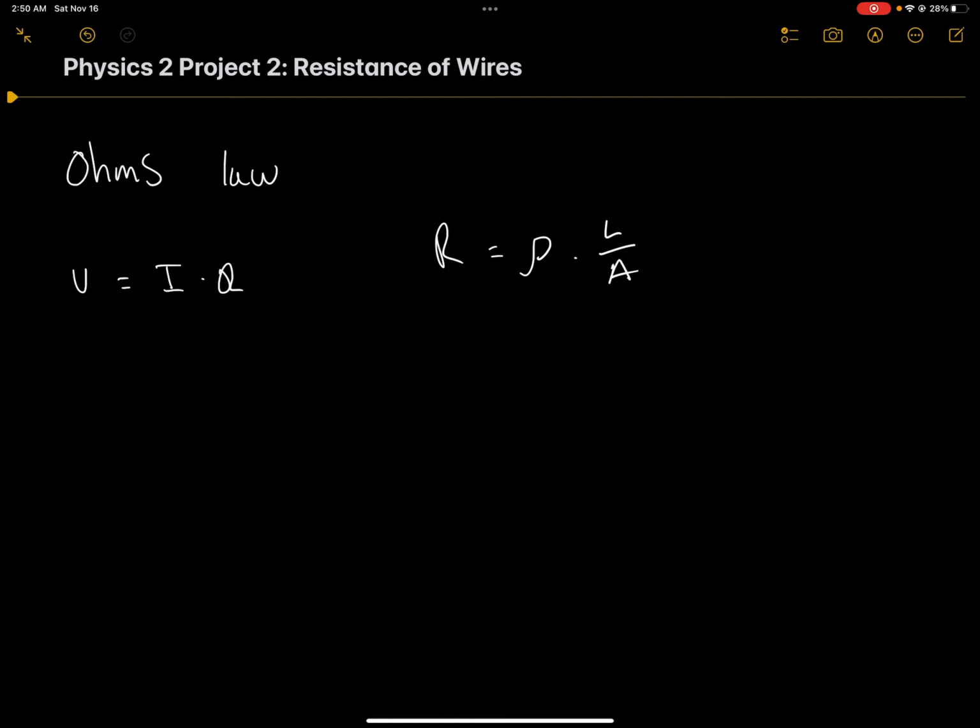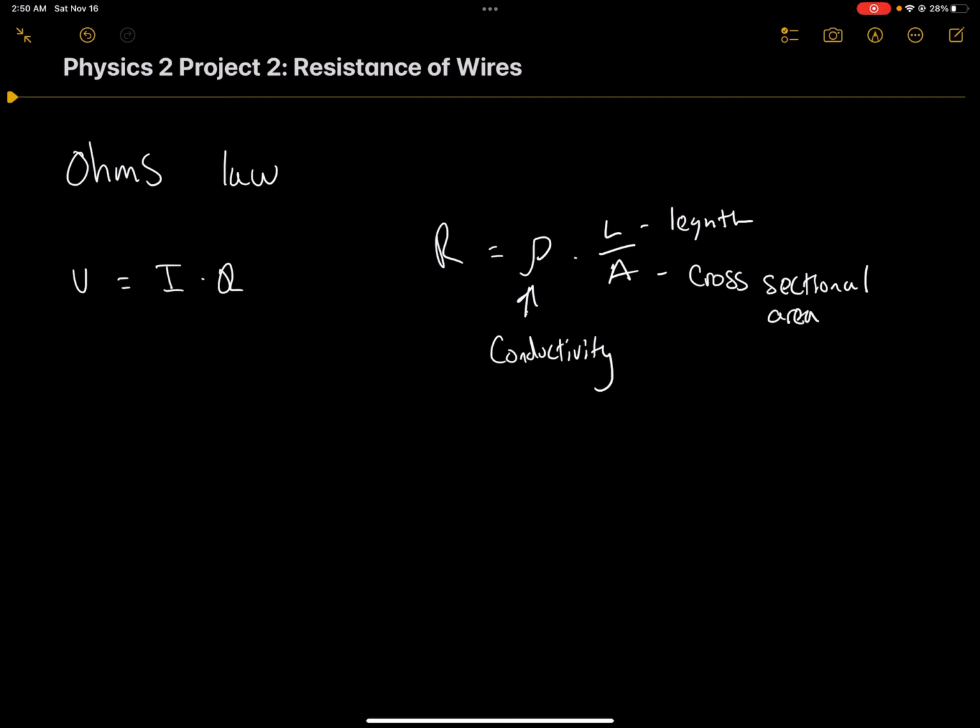And why this happens is because wires can be made out of different materials, and each material has its own conductivity, which is why we have rho. And then the area refers to the cross-sectional area, and L is length.